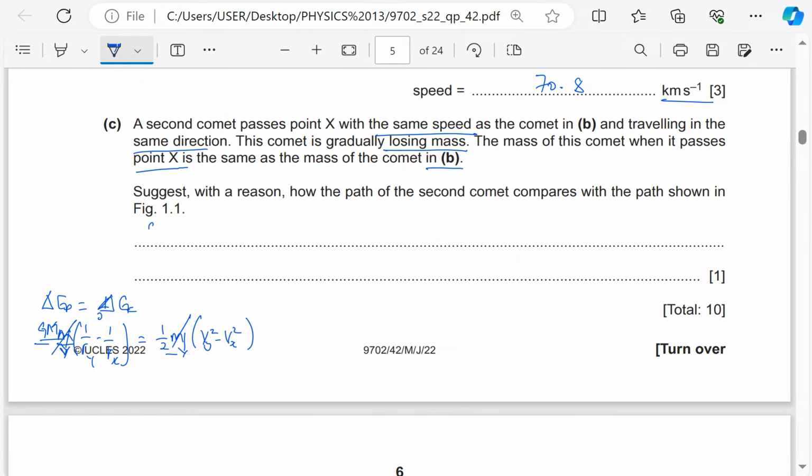So I'll say, since both potential energy and kinetic energy equations include the mass, or include small m, or include the mass of the comet, the path is unchanged.